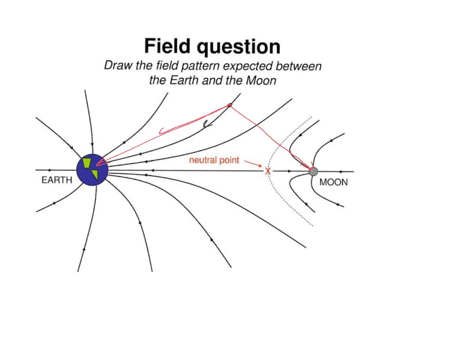But we know that the strength of the gravitational field due to Earth is more, so the resultant may be along this direction. This point represents a neutral point. We just discussed the null point also. This is the null point where the net gravitational field due to Moon and Earth cancels, or the net gravitational field there is equal to 0. This is the way we represent gravitational field lines.